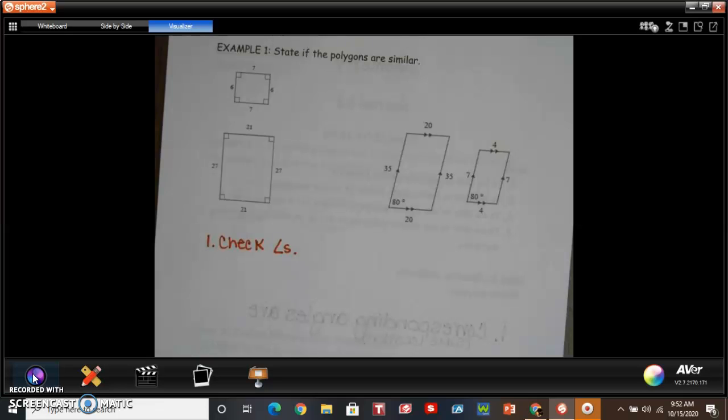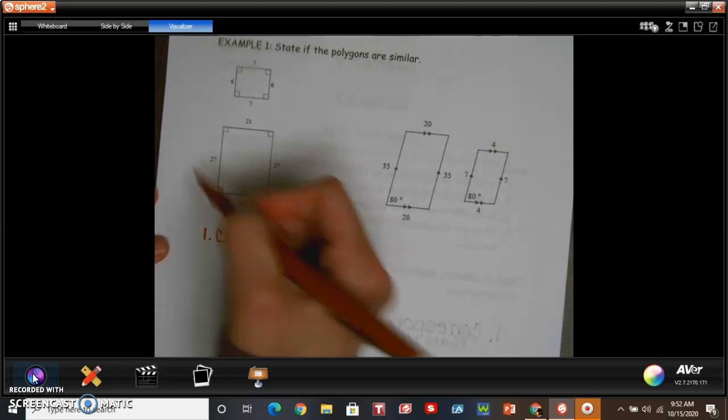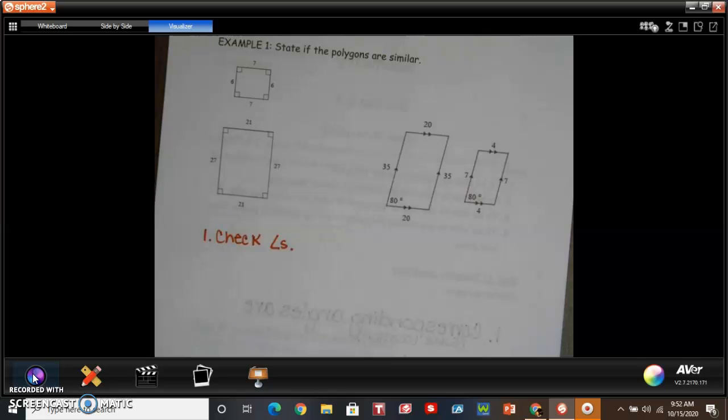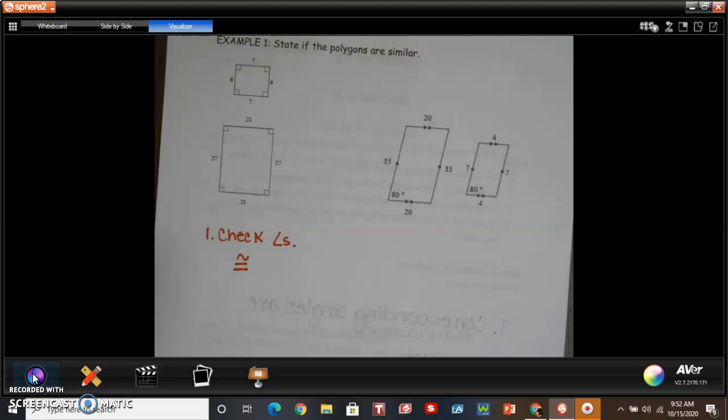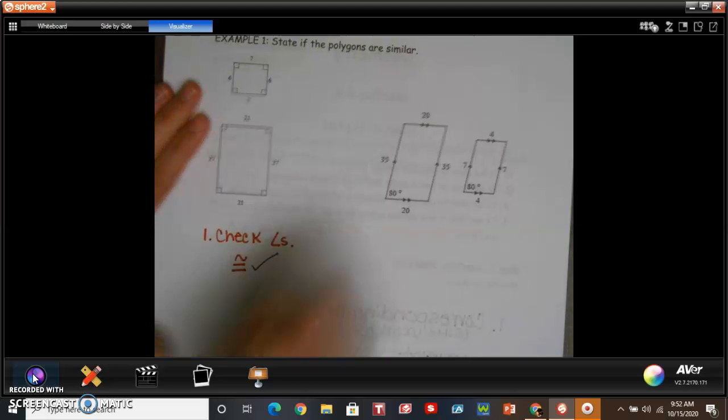So, hold on, let me grab some real quick. All right. So, first thing I notice about all of my angles is they're all 90 degrees. If they're all at 90 degrees, that's what these boxes mean, then they're congruent. So we're going to check angles as congruent, and we can say, yes, it works.